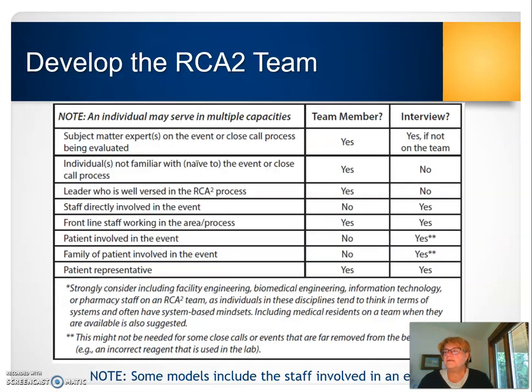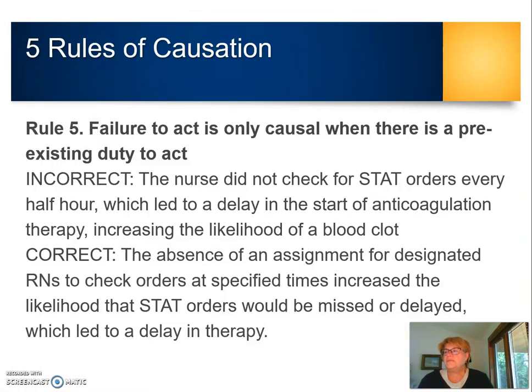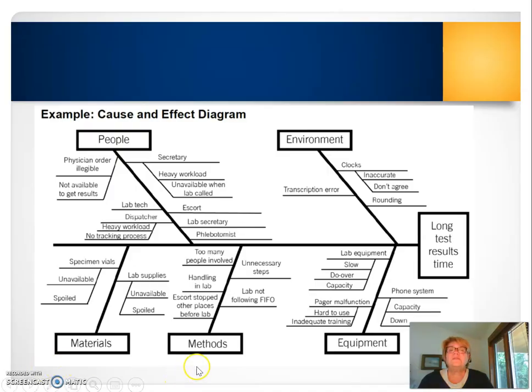The next thing I want to talk about a little bit, and just a little bit because I think we just have 45 seconds left, is the cause and effect diagram. This is a way to graph out something that happens. So here's the error, the long-term results time, and then you look at all of the things that happen.